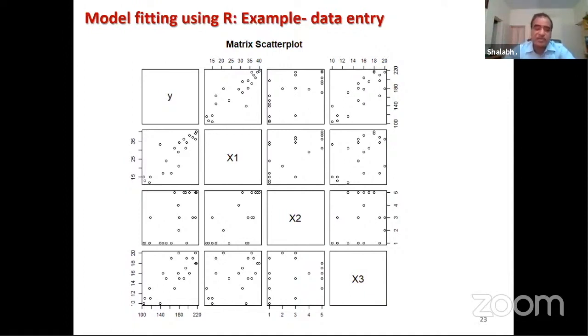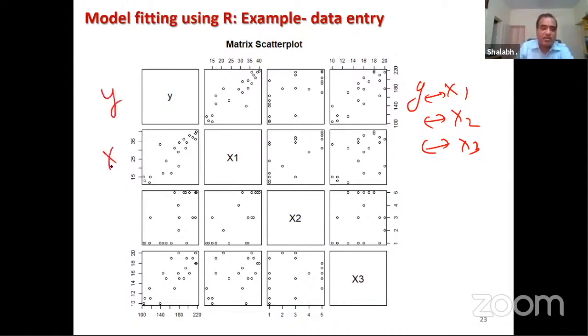So this is called a scatter plot. In the scatter plot, we try to plot all possible combinations. We have y, and x1, x2, x3. So we will try to plot y and x1, y and x2, and y and x3, and put them in a single plot. This is called a matrix plot. You can see here y, this is x1, x2, and here x3.